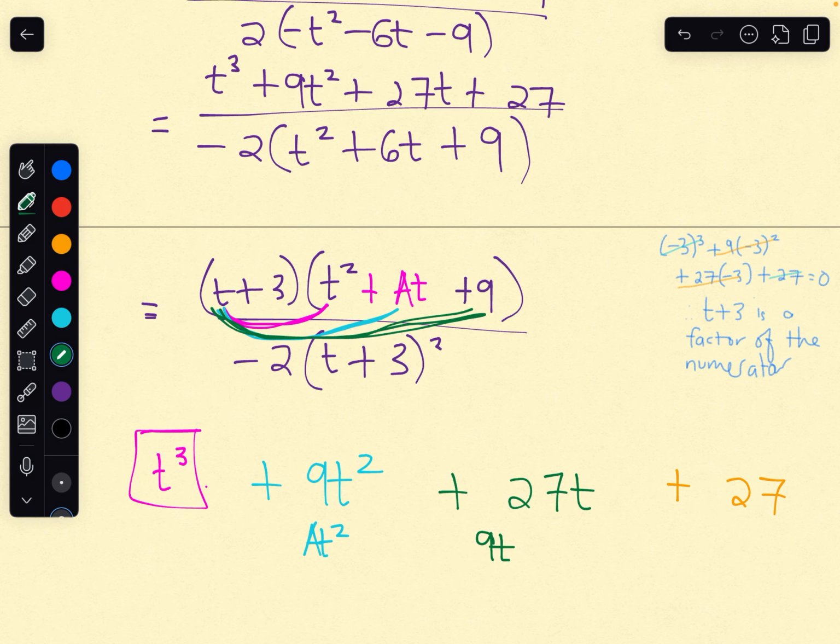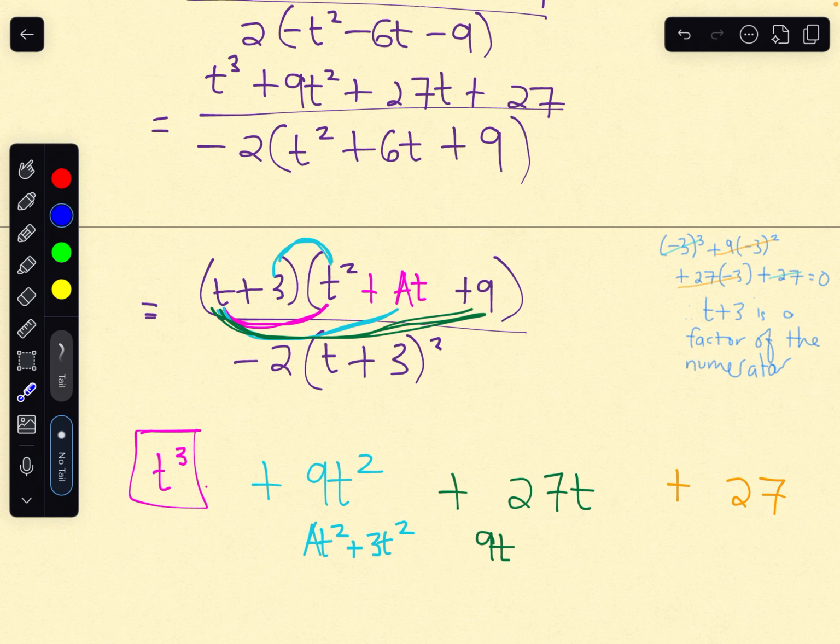Then the next one we have is 3 times t squared. So it's going to form part of that term. So that is plus 3t squared. And then 3 times at is going to give us part of this term.